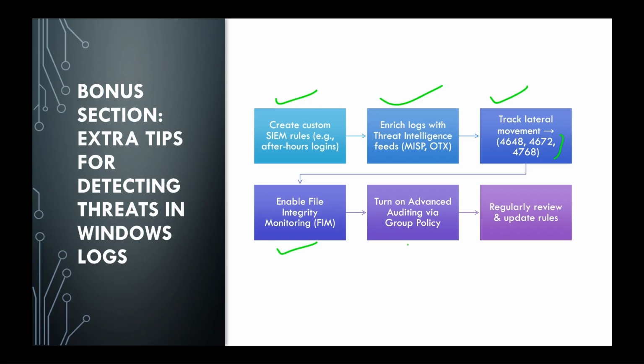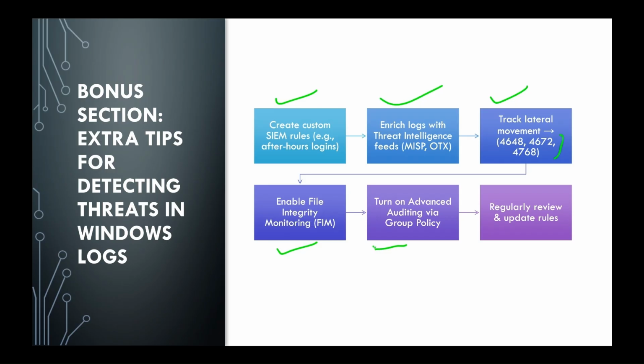So by monitoring folders such as C:\Windows\System32 or C:\Users, you can quickly spot if any malicious actor attempts to alter key files, install malware, or move sensitive data. Pair this with event ID 4670, permissions on an object were changed, for even more powerful detections.